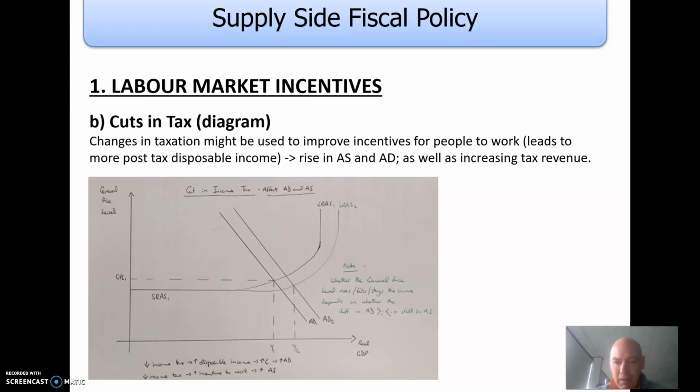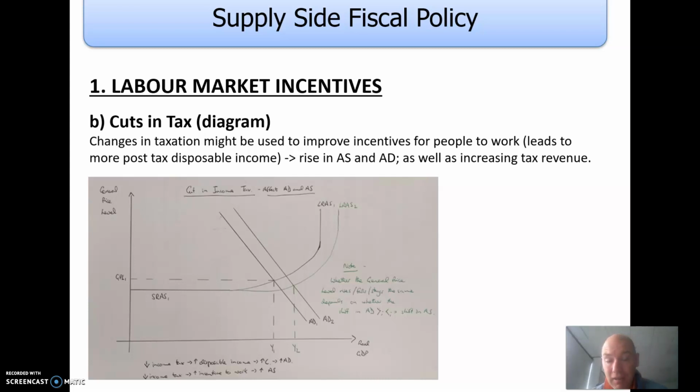You can see that real GDP increases and employment is likely to, but whether the general price level falls, stays the same or increases depends on whether the shift in AD is bigger, smaller or equal to the shift in AS. If the shift in AS is bigger, and I've drawn it in this instance as being bigger, it would lead to a fall in inflation.